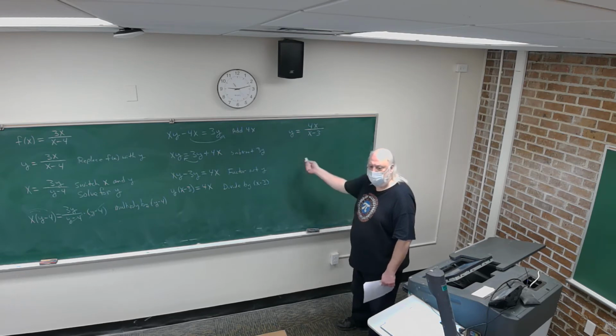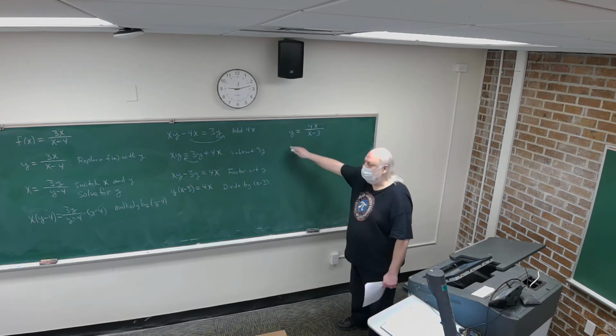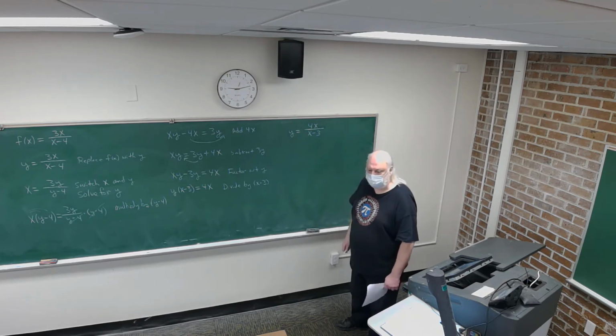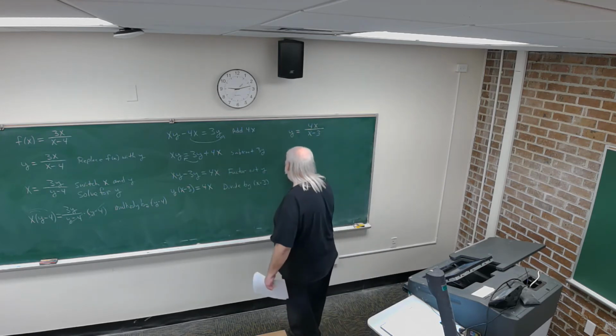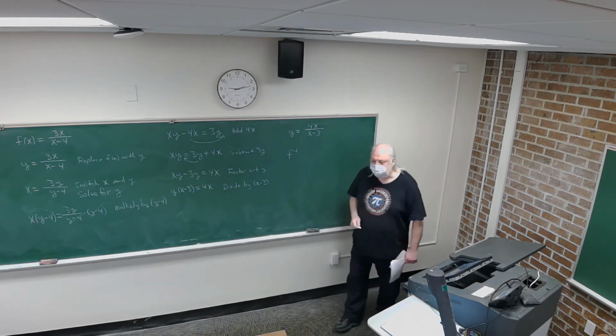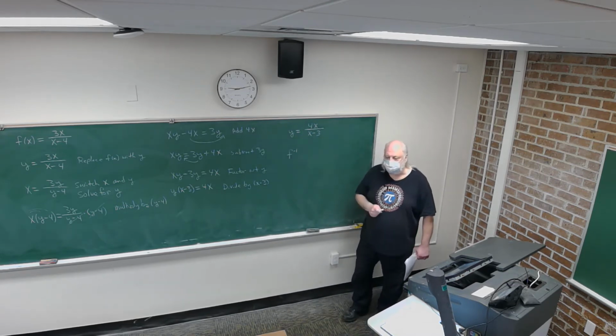Right, so that's the equation for our inverse function. Now, the final step is to replace y with inverse function notation. Since our one-to-one function is called f, our inverse function is called f inverse, where the minus 1 means inverse.